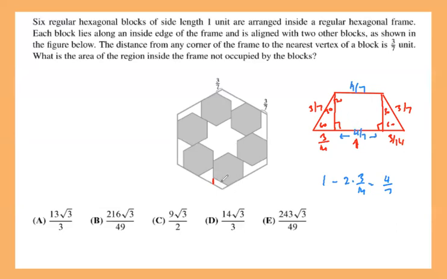Instead, since I already know this side, I can find the area of that shaded region, which is a regular hexagon, and I can try to find the side of the larger hexagon, which I already know as well, because this piece is 4/7, and I do know this was 1, which is forcing this to be 1 as well, because this is an equilateral triangle, and then this is also 1, and this was 3/7.